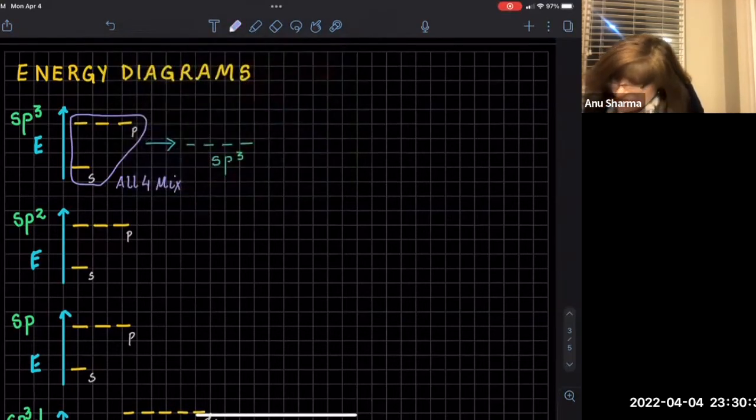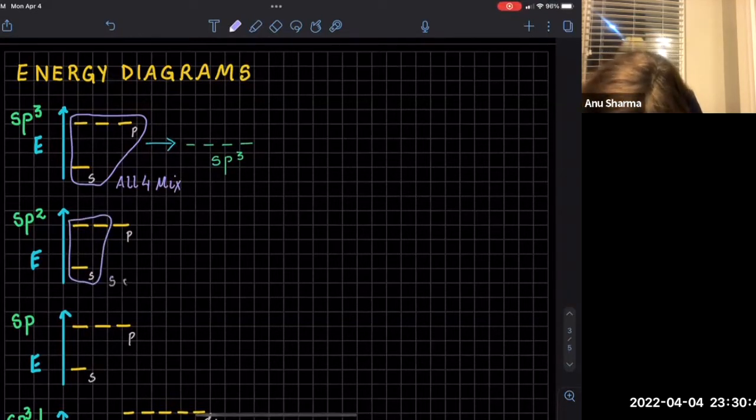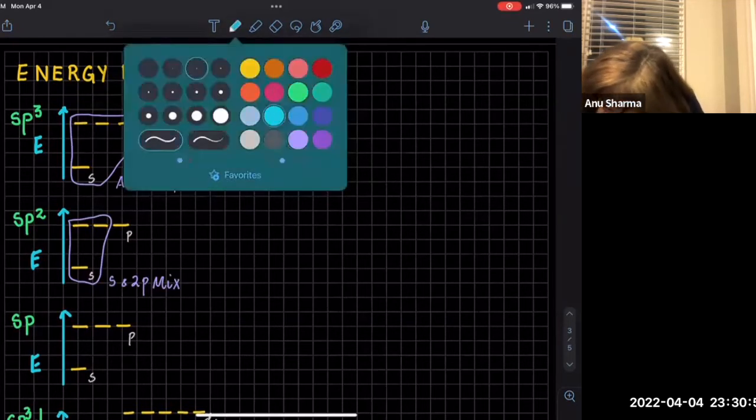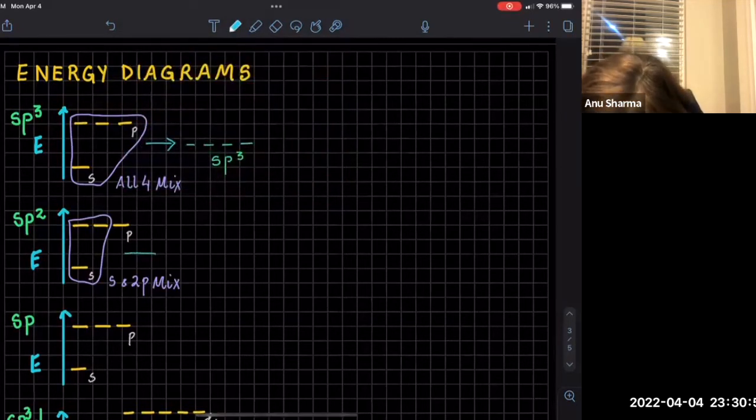Look at the next one. Next one is the sp2. So here one S and two P's are mixing. So one of the P's remains pure. Here we are not moving the P that is pure anywhere.